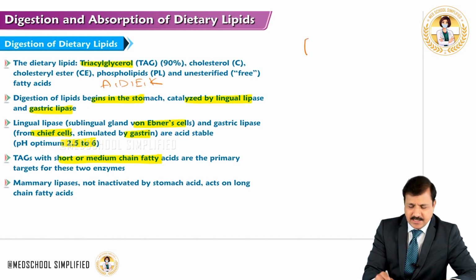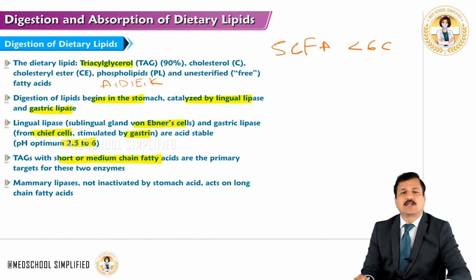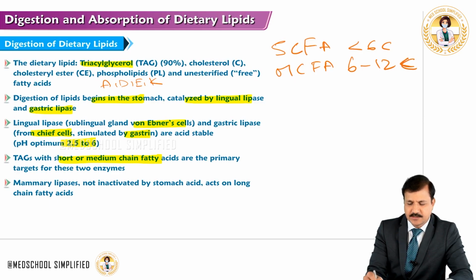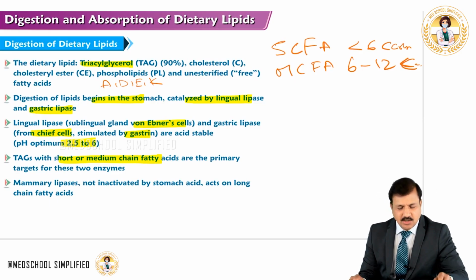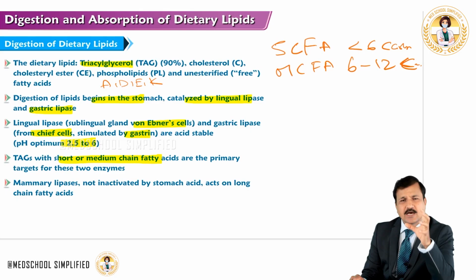If a fatty acid has less than 6 carbons, it is a SCFA, short chain fatty acid, and the medium chain fatty acid has carbons between 6 to 12. So any triacylglycerol that is attached with short chain fatty acid and medium chain fatty acid is a substrate for lingual and gastric lipase.